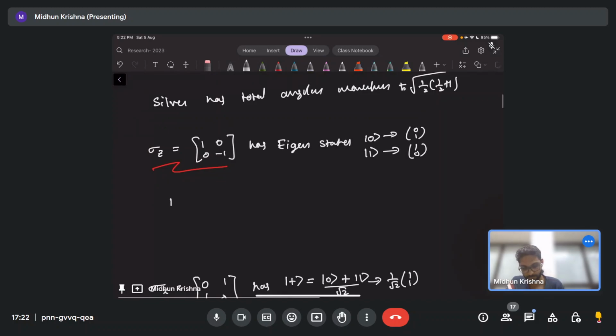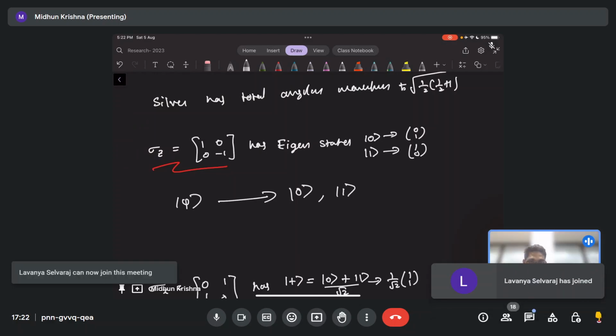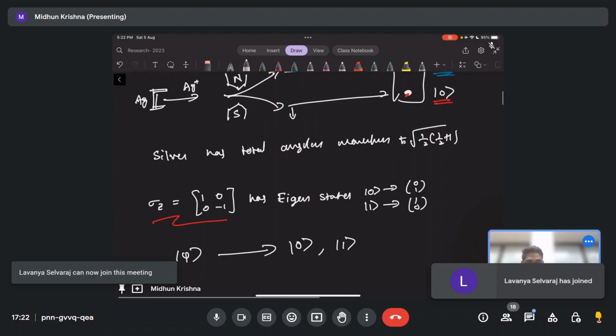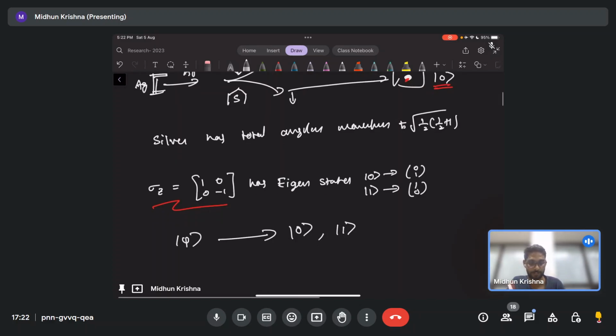So I send the state psi, and I get two outcomes: either I get up, which is zero, or I get down. This happens with some probability. Since it's a thermal ensemble, it will happen randomly, so there will be some probability associated with how many zeros and ones I get.